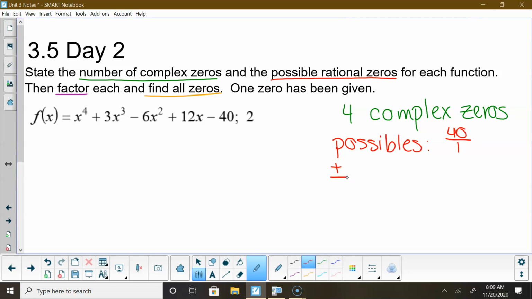What are all my factors of 40? 1 and 40, 2 and 20, 4 and 10. All right, so there's my big fat list. Did you notice I go from the outsides and work my way in? It's my neurotic little way of making sure I keep everything in numerical order, but also making sure I get everything.